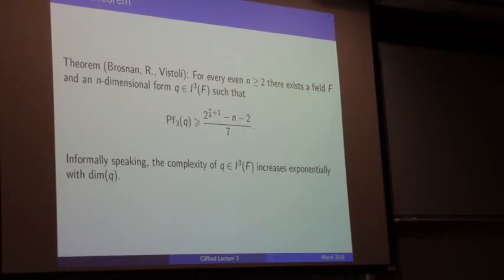So there is a field, and there is an n-dimensional form such that it cannot be written as a sum in the Witt ring of fewer than this exponential number of Pfister forms. So informally speaking, the complexity of a form in I3 increases exponentially with the dimension.